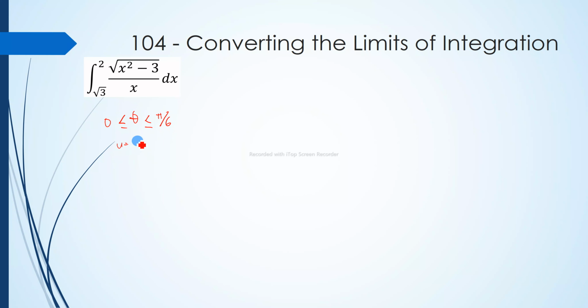Our x is equal to square root of 3 secant theta. Our dx is equal to square root of 3 secant theta tangent theta d theta.